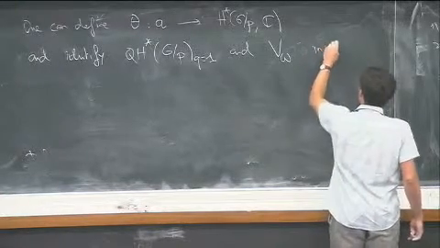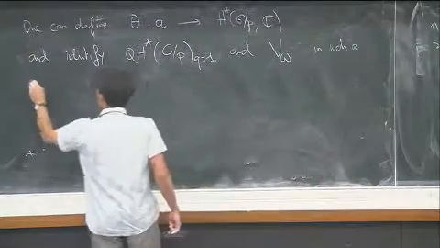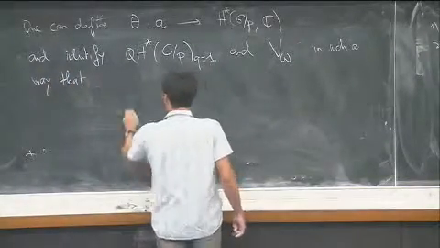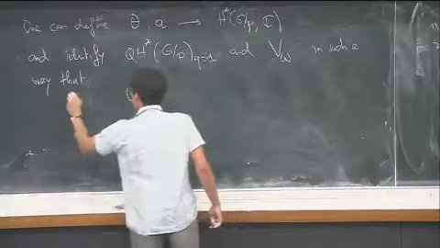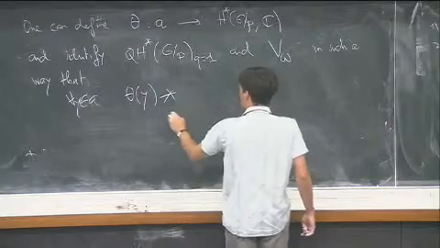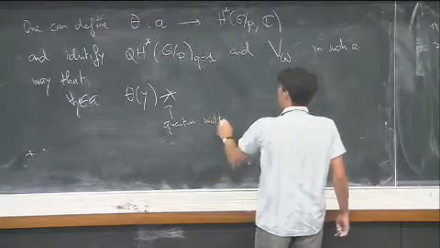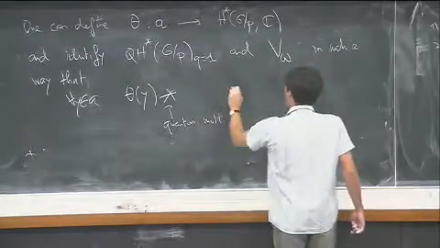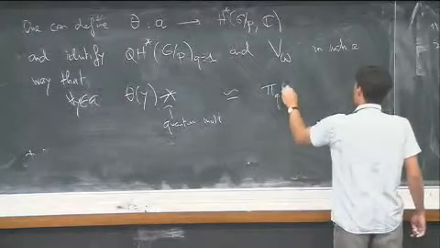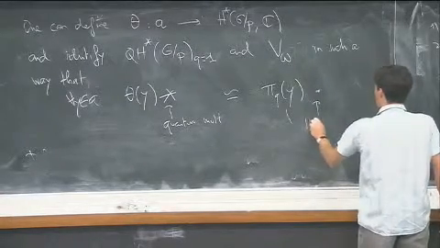So in such a way that for any y in A, the quantum multiplication by this element corresponds to the... so this is a Lie algebra action.